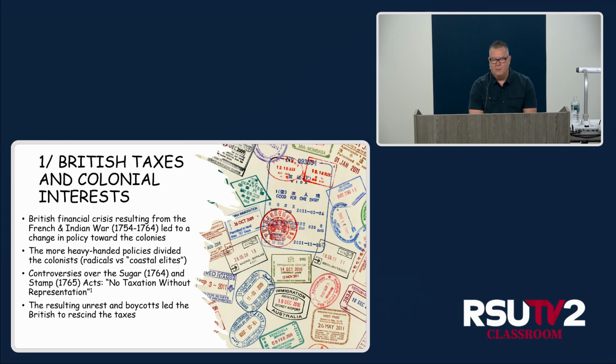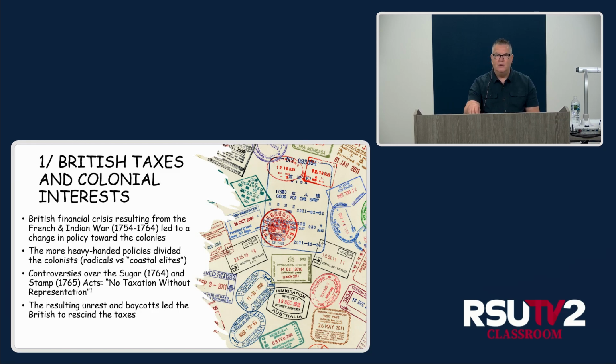The British felt like taxing sugar and taxing stamps would be a good way of deriving revenue. The colonists viewed it as a violation of the basic relationship that had emerged between the crown and the colonies. And that was, again, this idea that they were taxing communications within and between the colonies.